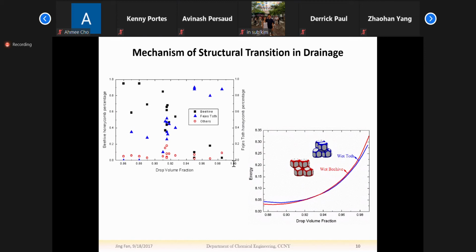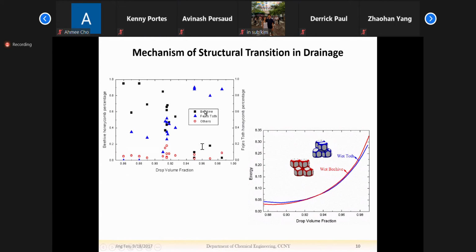Do you mean the energy graph? No, the other graph. Do you mean this graph? Yes. Could you explain that? I'm confused a little bit about the axes.